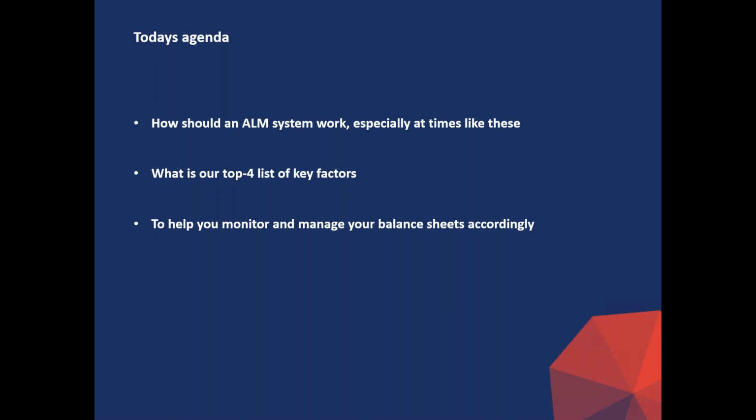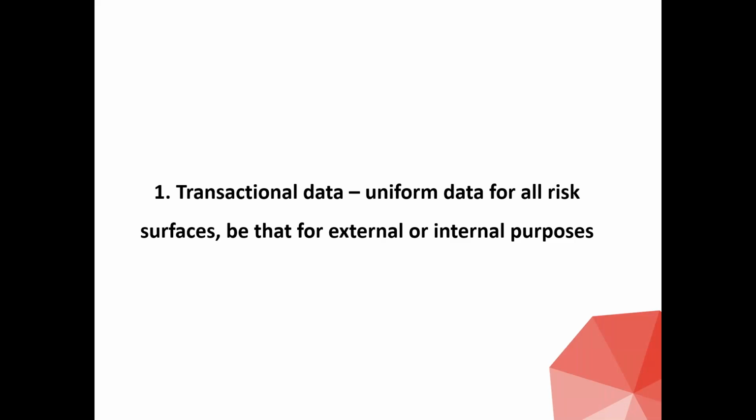Right. So, given these types of times, how should an ALM system work? What is our top 4 list of key factors? Because we think that these key factors will be crucial in terms of helping you monitor and manage your balance sheets accordingly. So here goes.